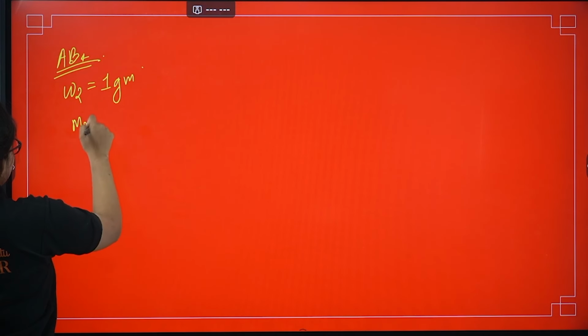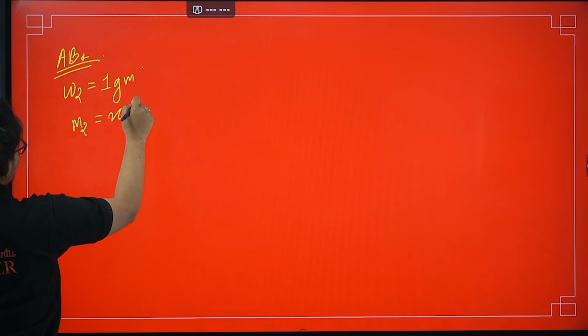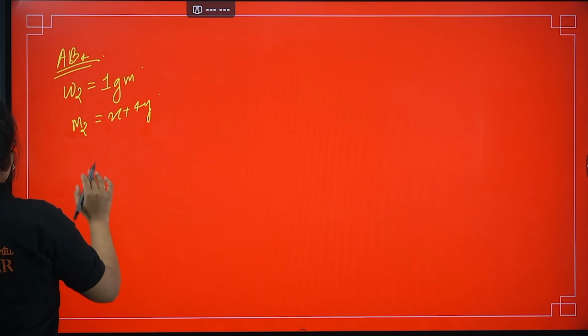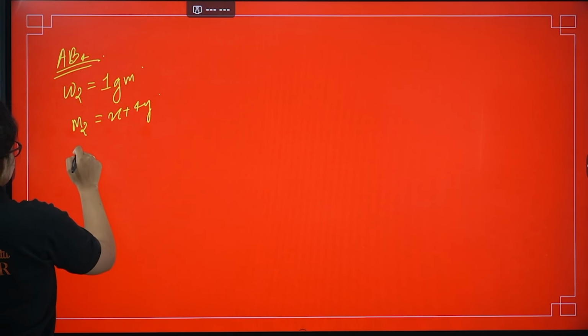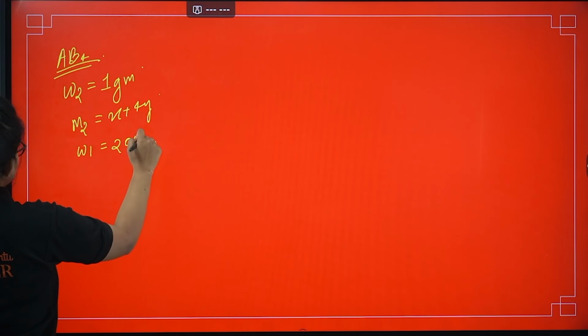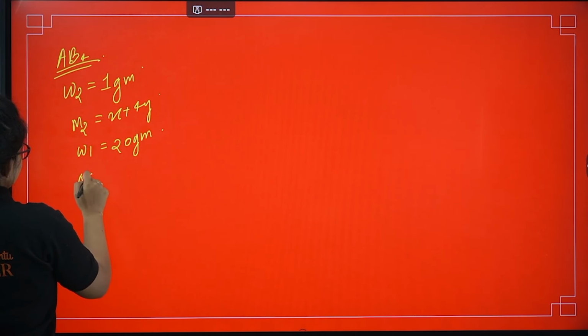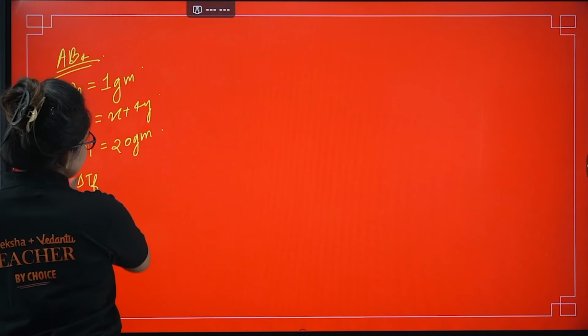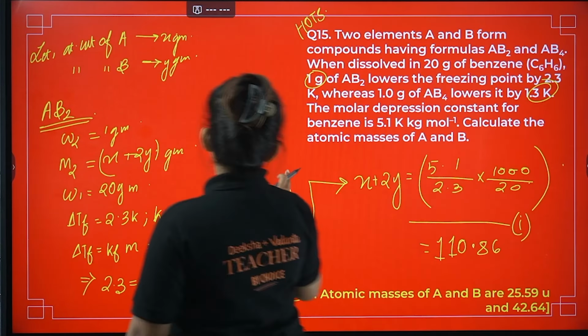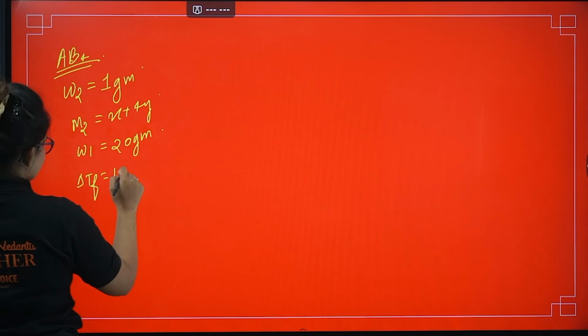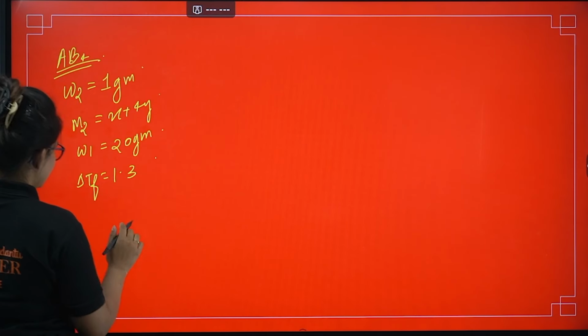M2 is going to be x plus 4y. Then for benzene, W1 is also given, that is 20 gram. Delta TF is given here, that is 1.3. Now let's put everything together.